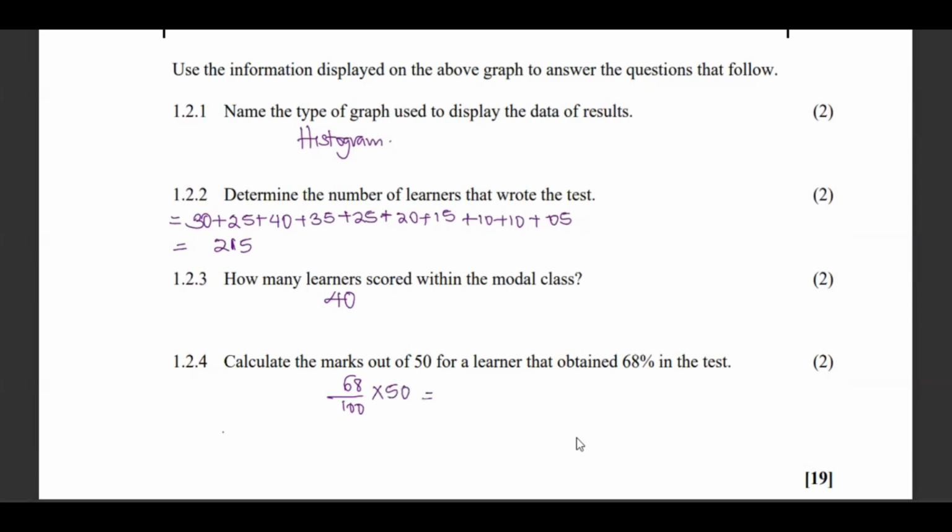And the answer, I think, is 34. So a learner scored 34 out of 50 to get 86%.